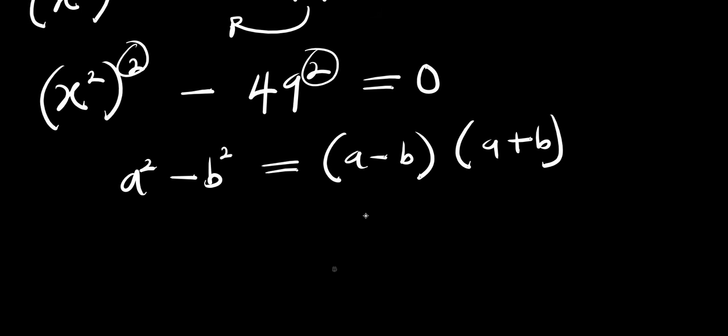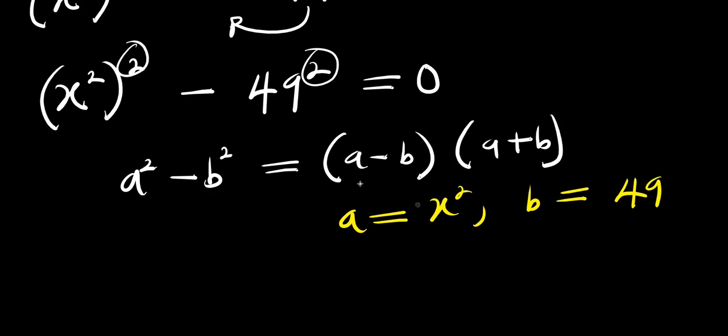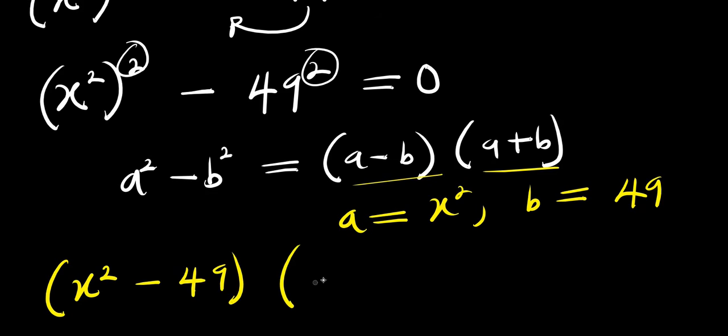So right now, our a is x squared and b is 49. So let's insert those values here. A minus b is x squared minus 49, times a plus b, which is x squared plus 49. And this equals 0.